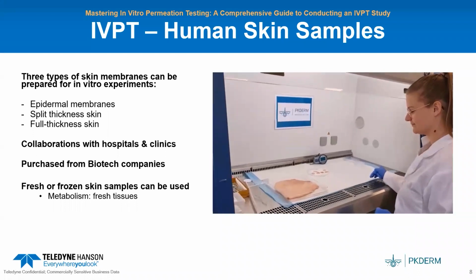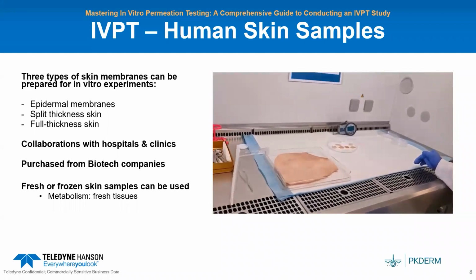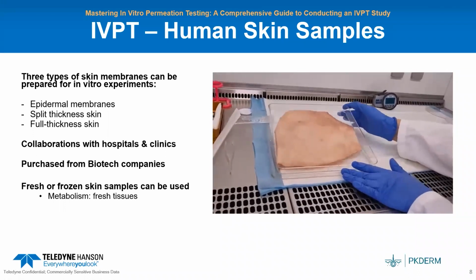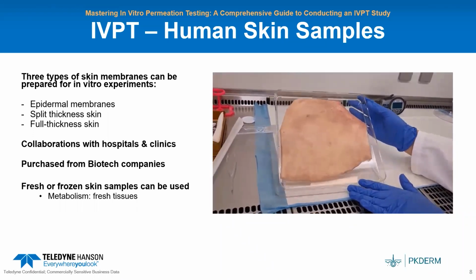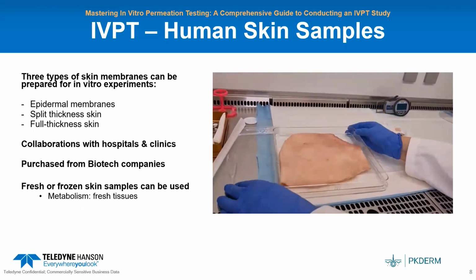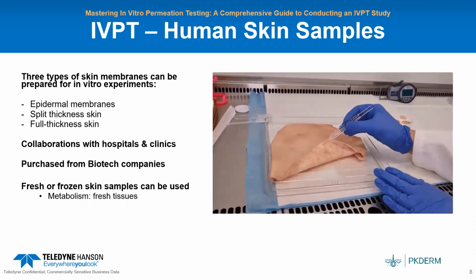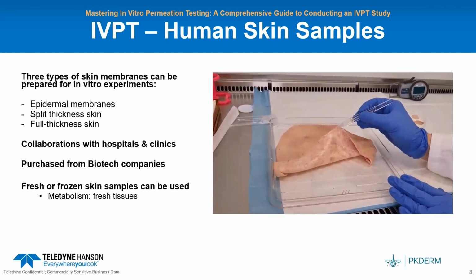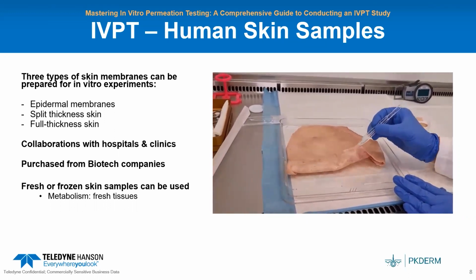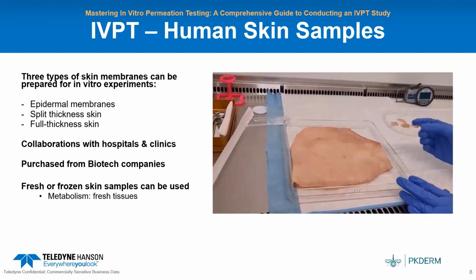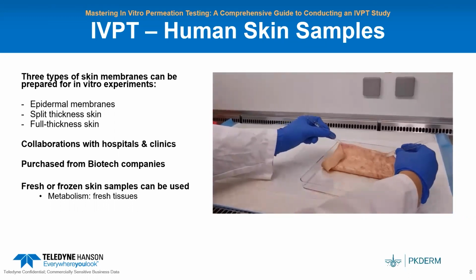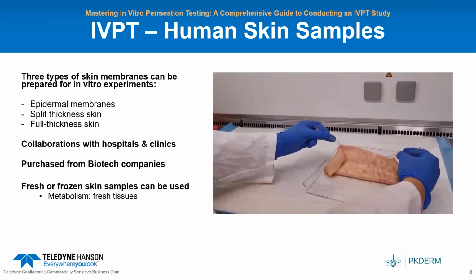Regarding human skin samples, it comes from aesthetic surgery from the abdomen area. You can see how skin sample looks like. On this sample, we already removed the fat corresponding to the hypodermis layer, so that we can clearly see the dermis beneath the epidermis.